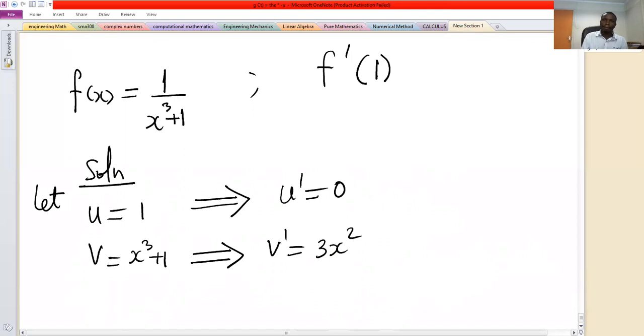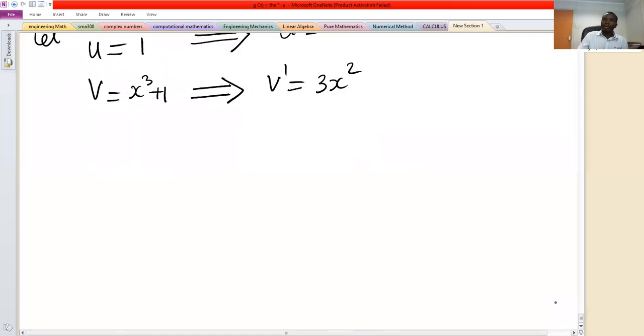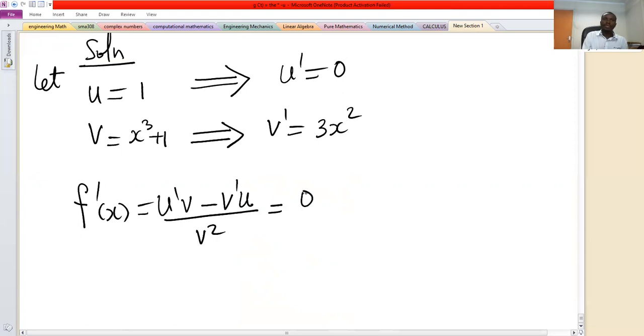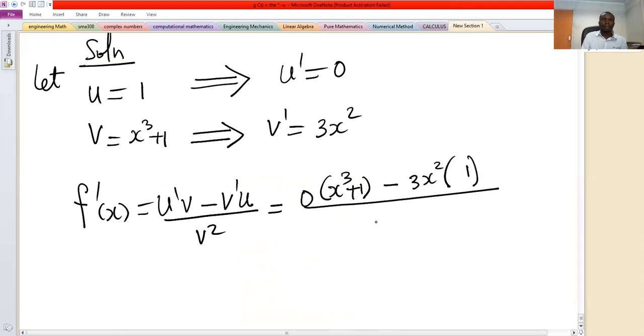So f prime of x is (u prime v minus v prime u) over v squared, which is (0 times (x cubed plus 1) minus 3x squared times 1) over (x cubed plus 1) squared.